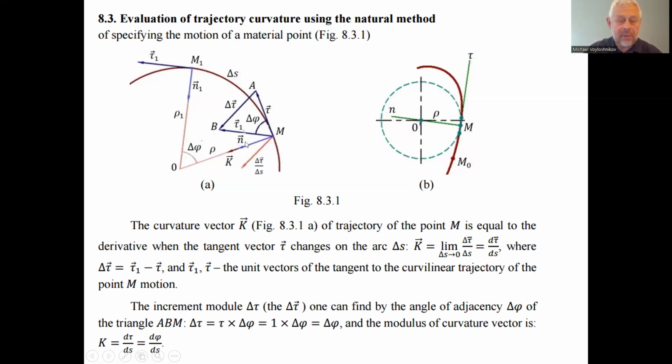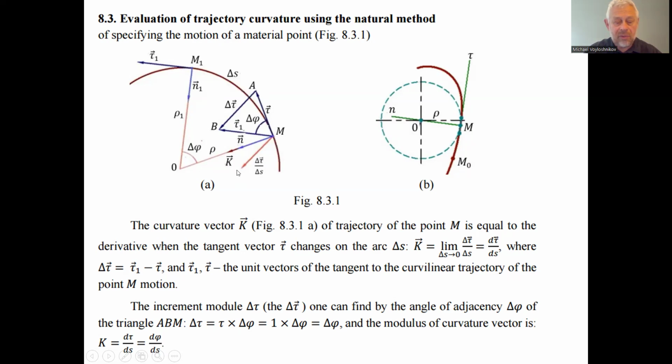And when we reduce to zero the increment of the arch of the motion of the point M along the trajectory, this vector of the curvature will gradually move to the main normal vector.